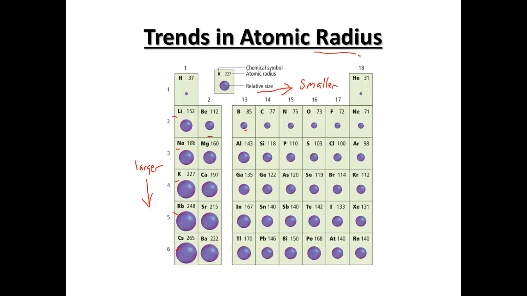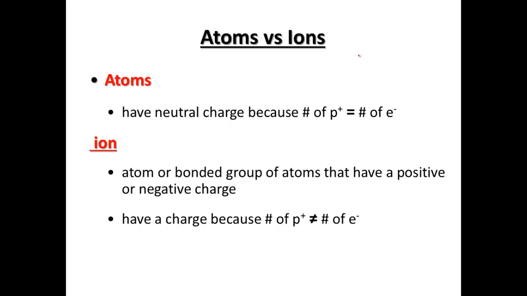Now, our second idea at the top of the next page is going to be ions. Up until this point, we've kept neutral charges because the protons have equaled the electrons. Now we're going to start changing that. An atom or a group of bonded atoms with a positive or negative charge is known as an ion.